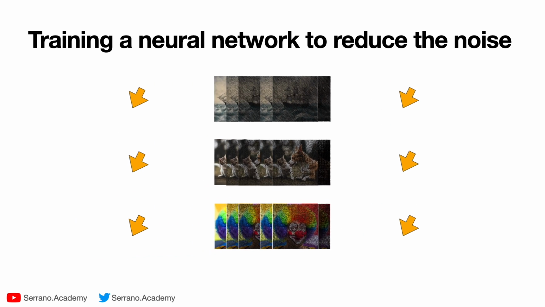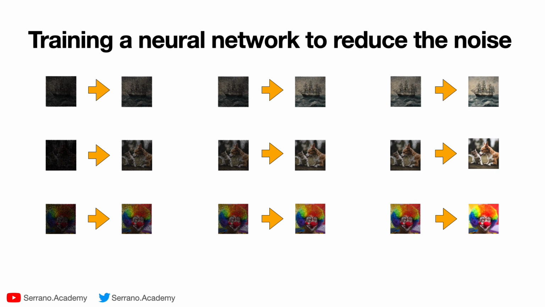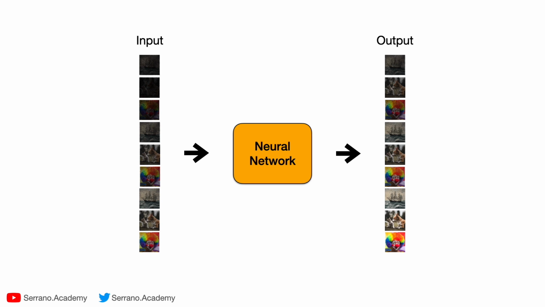In other words, the input to the neural network is an image with some noise, and the output is the image with a little bit less noise, which is exactly the previous image before we added the noise. So we add the noise and then we train the neural network to remove it at each step of this process. So the input is going to be a bunch of images and the output a bunch of images with a little bit less noise. That is the diffusion model.